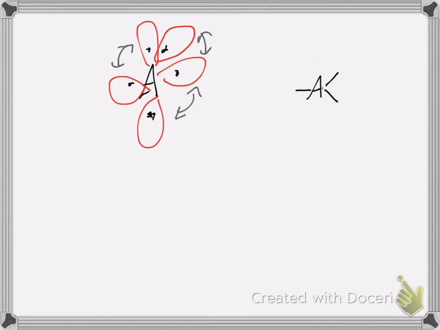these 3 domains on the same plane in this trigonal planar geometry, which let me draw as a triangle just to show. So we have 3 of the 5 in this trigonal planar geometry, this triangle. And then we'll have 2 more, one on top and one on bottom. So if I'm going to draw in my electron clouds. Cool.